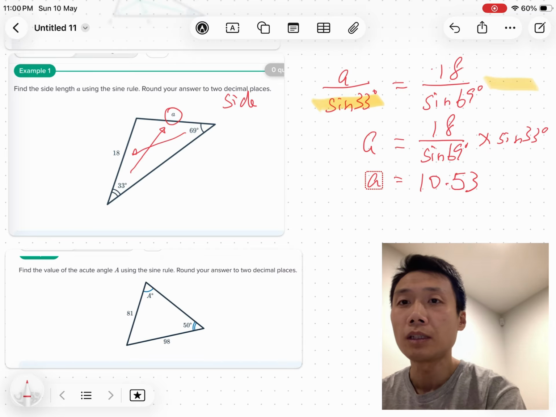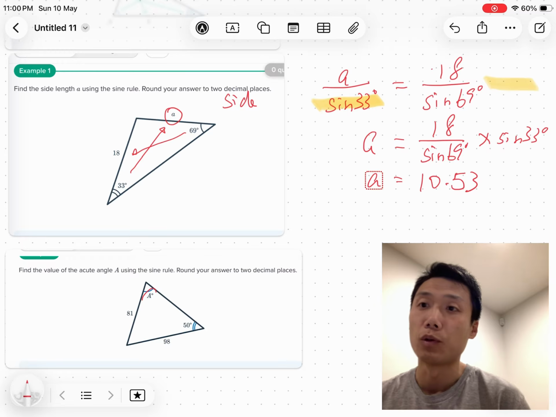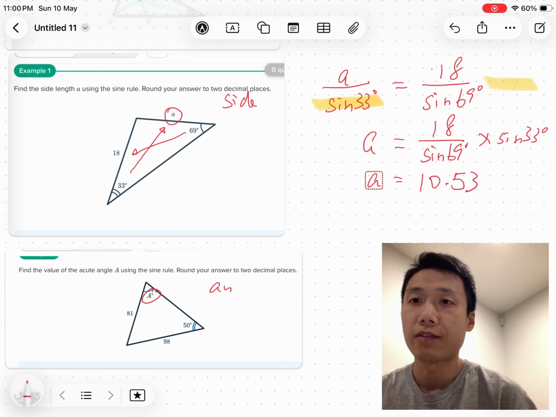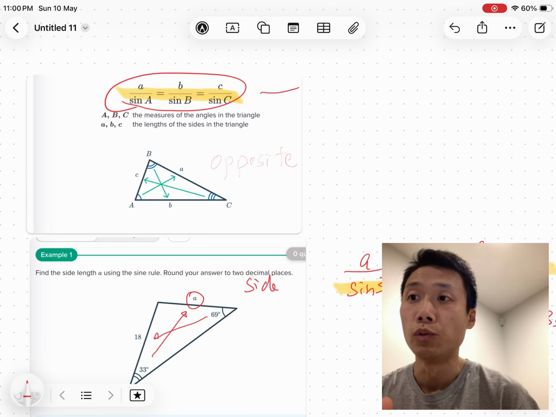Okay, and then we look at another example where we are going to find the angle. So that's example 2. Here we have A once again, and the corresponding side of it is the opposite side. So we look at the sine rules once again.